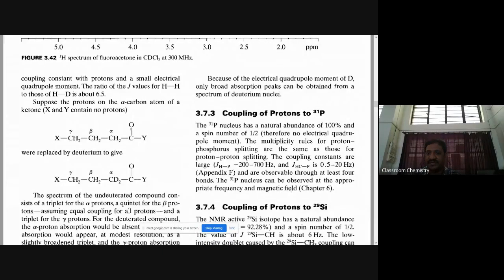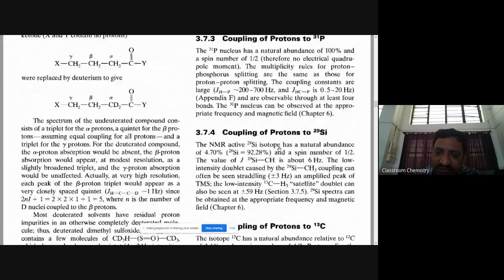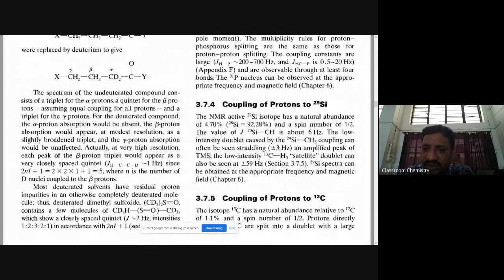So when we want to see the phosphorus nucleus, this is what is important. This is the short information about phosphorus coupled with proton. All of you understand?